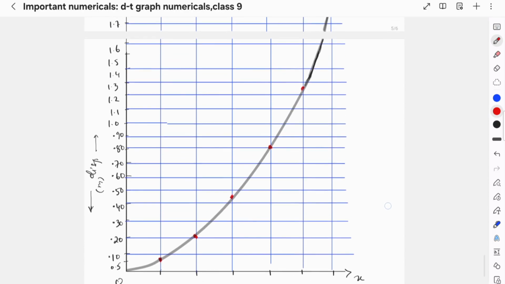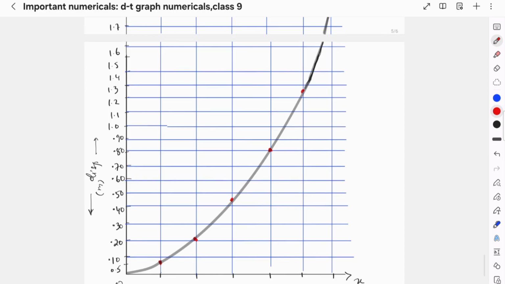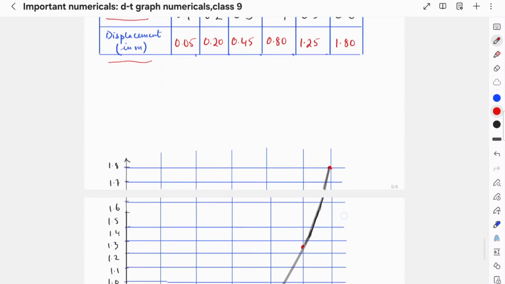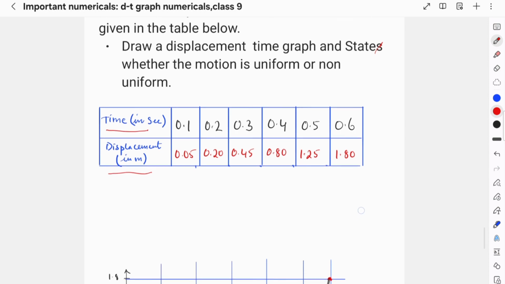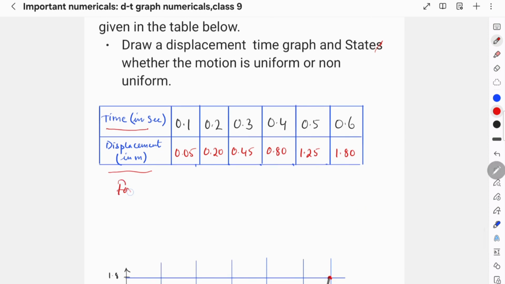So when we plot this displacement time graph, it is not a straight line, it's a curved line. Now they are asking, state whether the motion is uniform or non-uniform. So see, for uniform motion, the graph will always be a straight line.